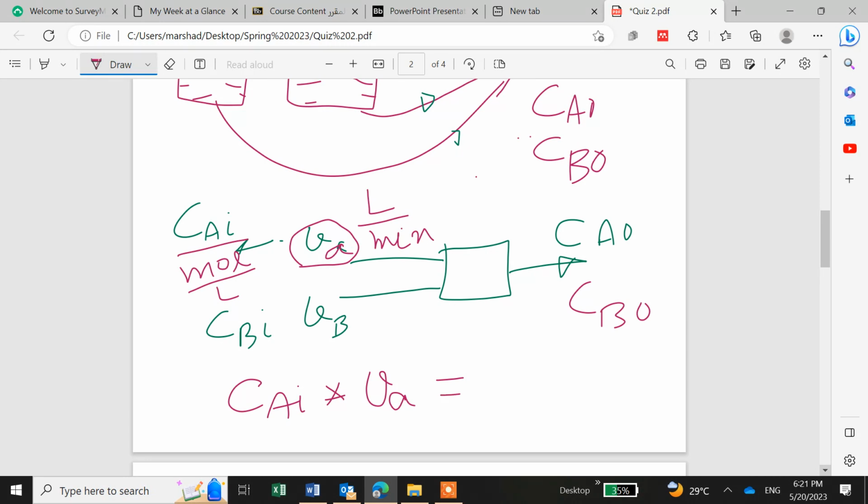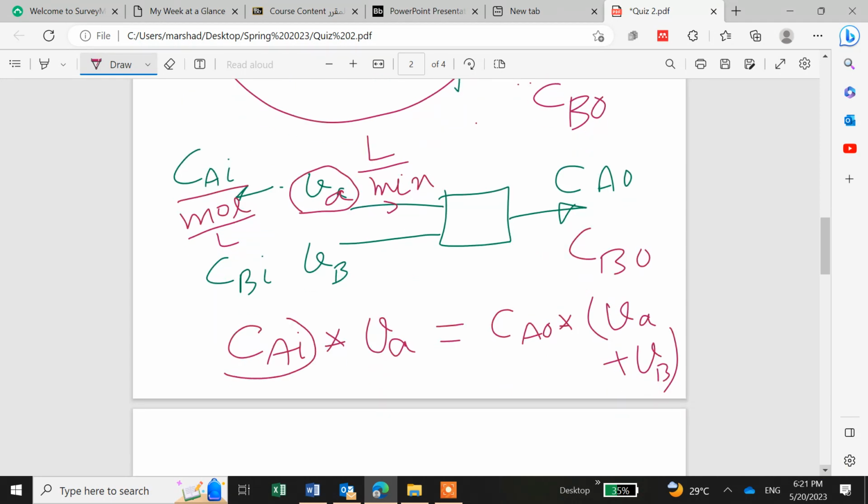From the A balance, this is the only stream we have A, and Ca0 is after mixing, where the feed flow rate becomes Va plus Vb.